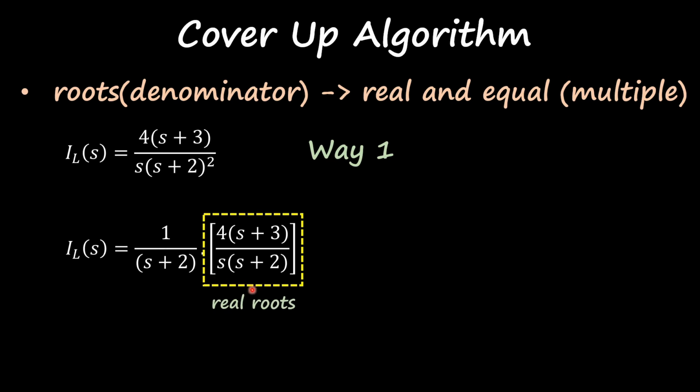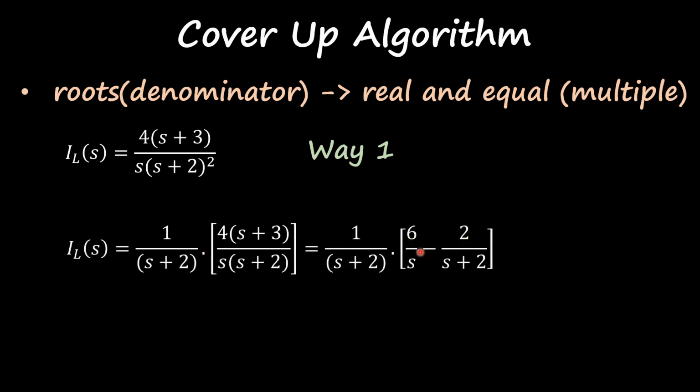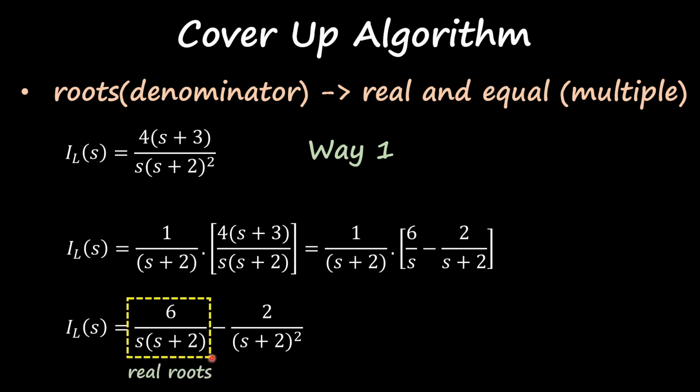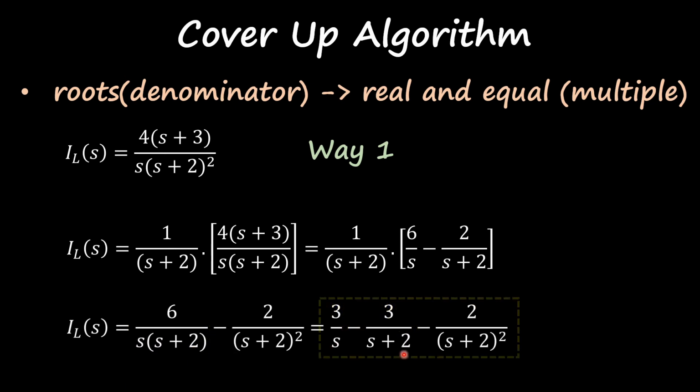These are real roots, so I apply the cover-up algorithm just on this portion of my equation, and I get 6s minus 2 over s plus 2. The second step is to multiply these 6s by this pole and this minus 2 by that pole, and I get the following expression. Now I apply the cover-up algorithm on this first part over here, and I get my final answer.